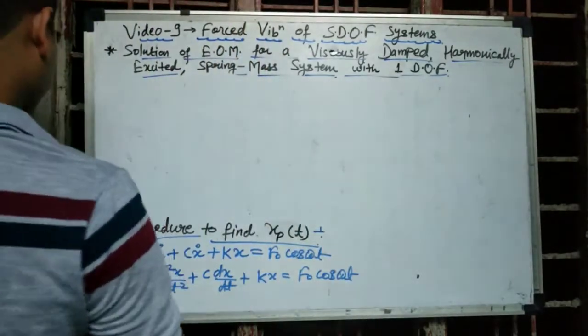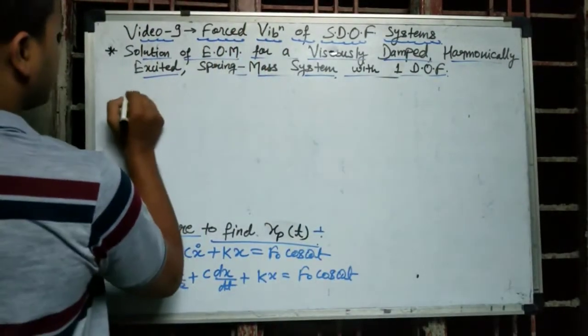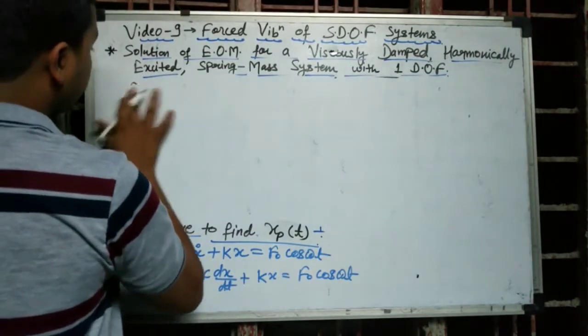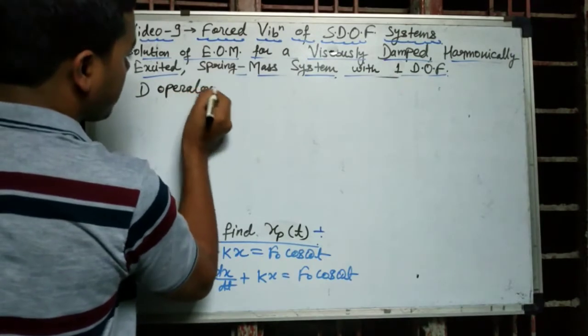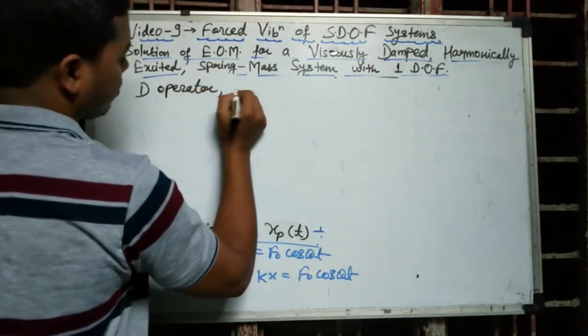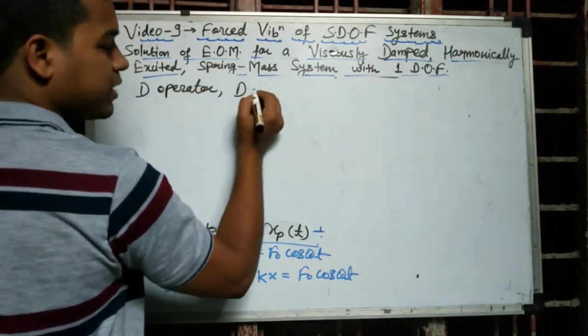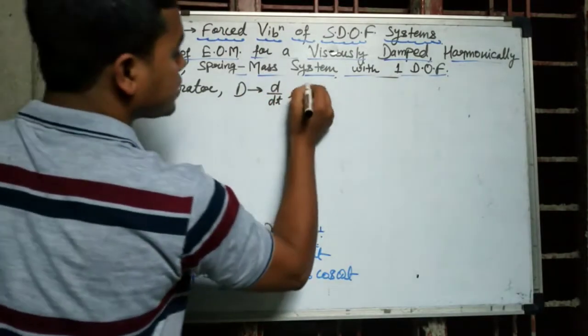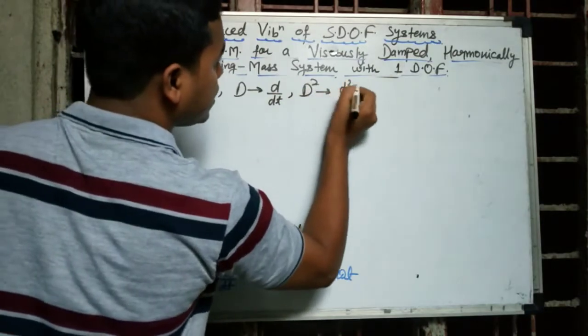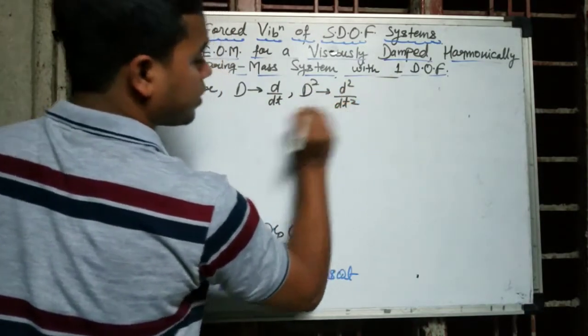Now I'll apply the differential operator, D operator. The meaning of D operator is D stands for d by dt. That means D square will be d square by dt square.